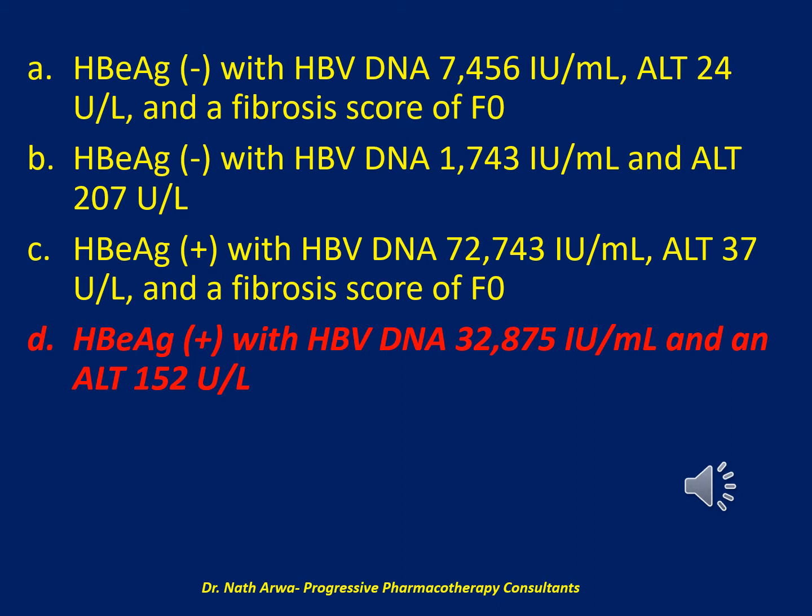Option B is incorrect, because for a patient with HBeAg negative infection, treatment should be initiated if HBV DNA is more than 2,000 and any ALT elevation, according to EASL guidelines, or HBV DNA more than 2,000 and ALT equal to or more than 2 times the upper limit of normal, according to the AASLD guidelines. This patient does not meet that criteria. Option A is incorrect. Based on the laboratory values, patient does not meet criteria for treatment initiation. Let's advance to the next question.